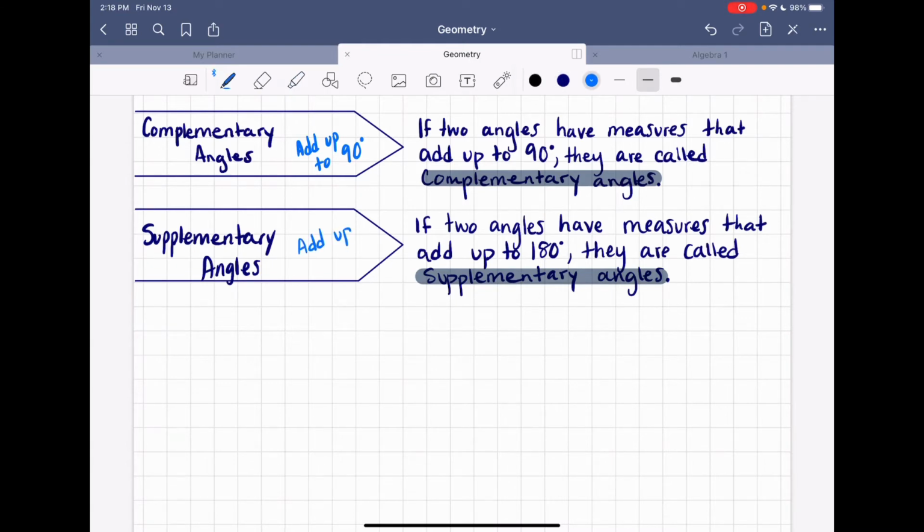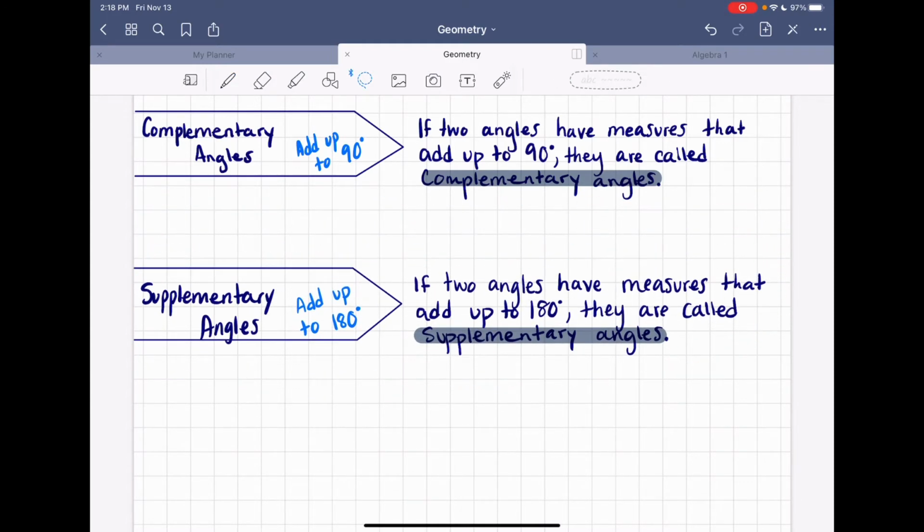Okay, and we can add a little note here. There are angles that add up to 180 degrees.